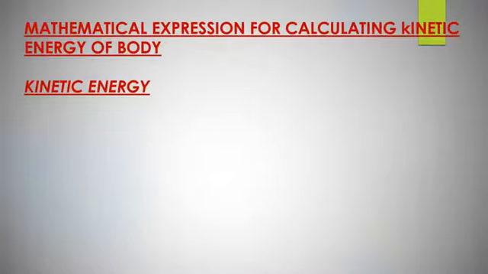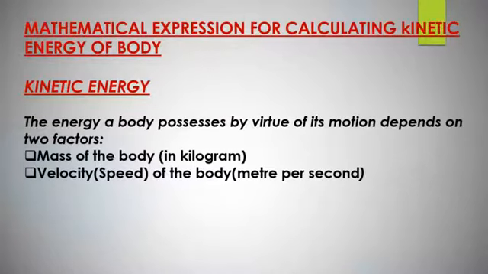Today, we would like to study the mathematical expression for calculating kinetic energy of a body. Now, just as we looked at factors on which potential energy of a body depends, we will as well look at factors on which kinetic energy depends.